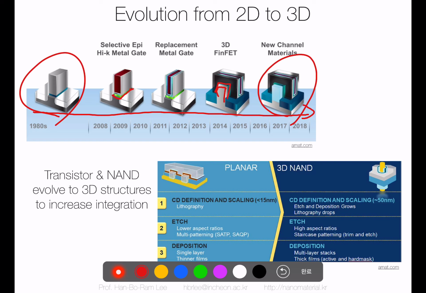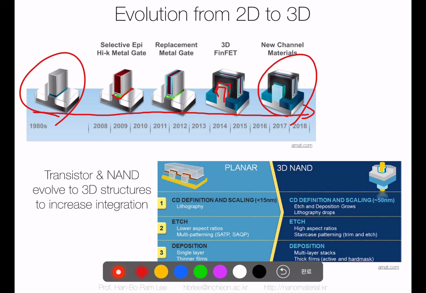But in memory devices, for example a USB memory or the SSD in your laptop, we also have device scaling. For example, flash memory is very common, the memory device for all non-volatile memory.